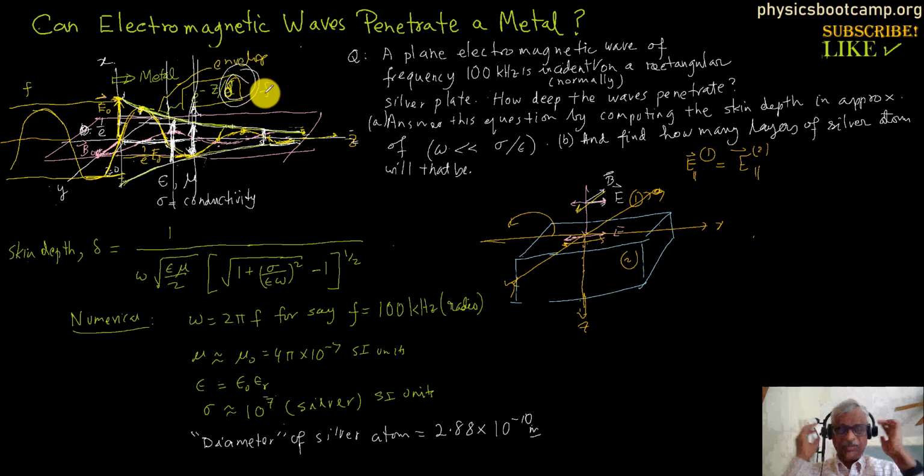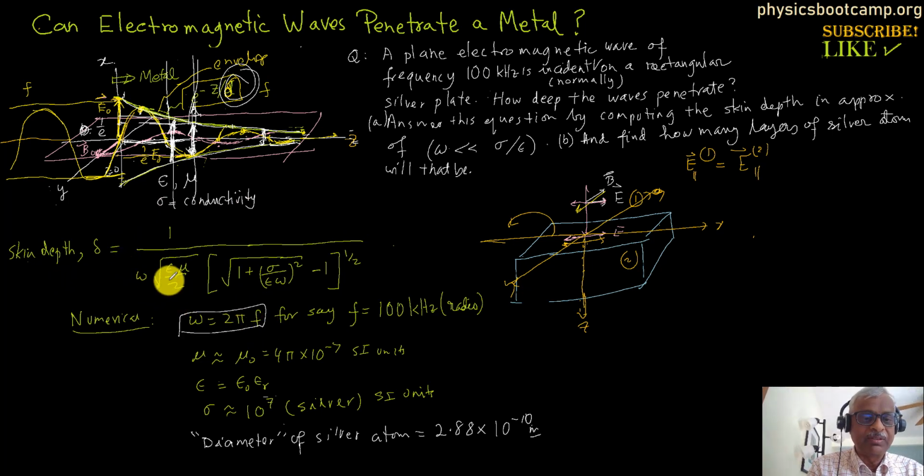I will derive this once I solve this problem, but the formula is quite complicated. It depends on the frequency; this omega is 2 pi f. It depends on epsilon and mu of this metal, and sigma is the conductivity of the metal.